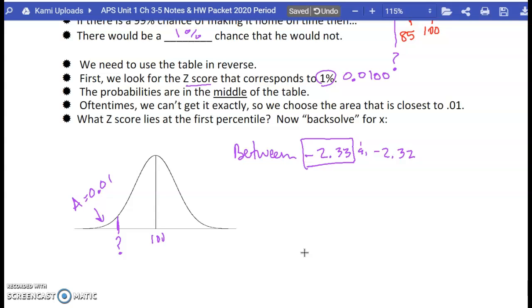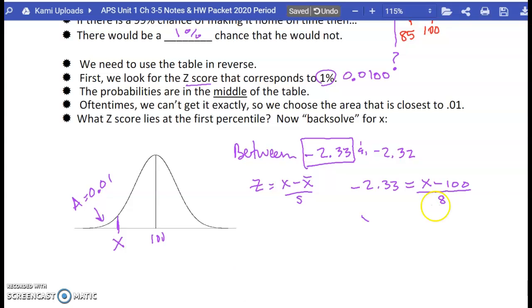And now what we have to do is find out what data value goes where the question mark is. This is the x value we're looking for. What x value goes with this z-score? You remember the formula. The z-score is x minus x bar over standard deviation. So in this case, negative 2.33 is equal to some x value we're trying to determine, some number of days, minus the mean of 100, divided by our standard deviation, which I think was 8.